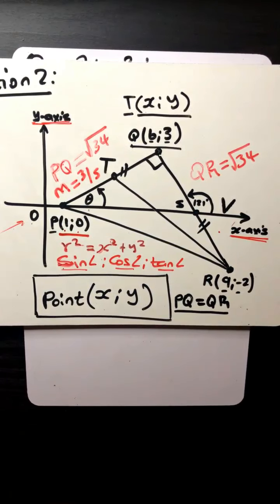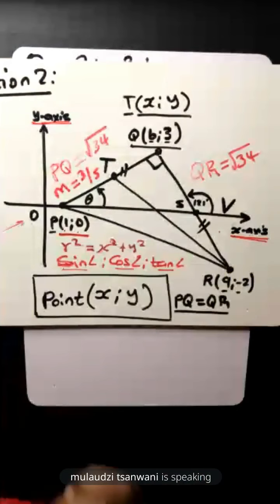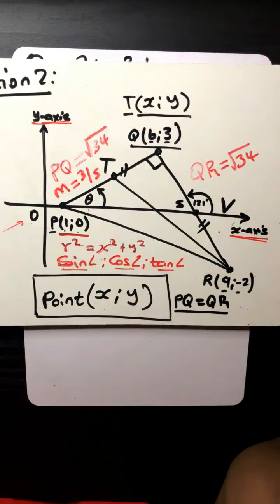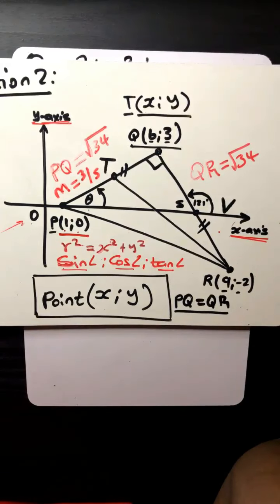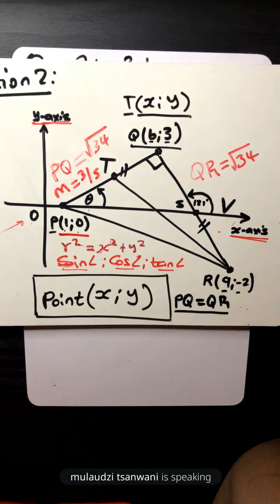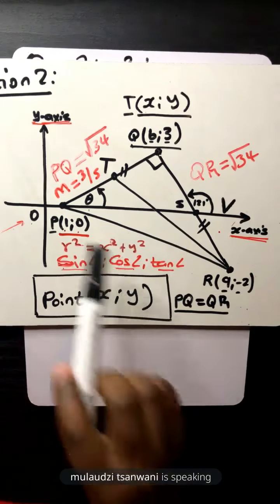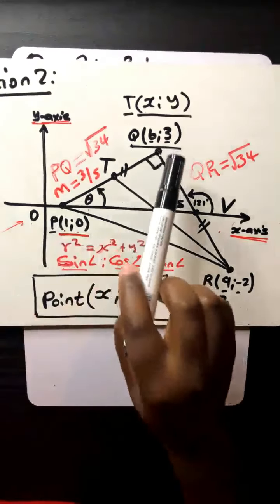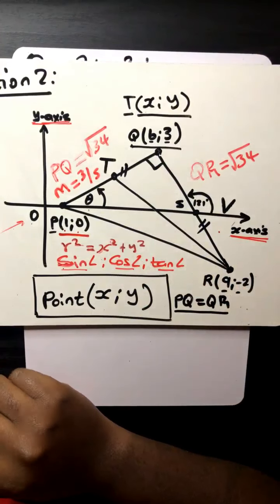Okay, how about we find the equation of RQ, then we equate the equations of PQ and RQ. There is P, there is Q, there is R, there is Q. So when we equate those two, you know what's going to happen?